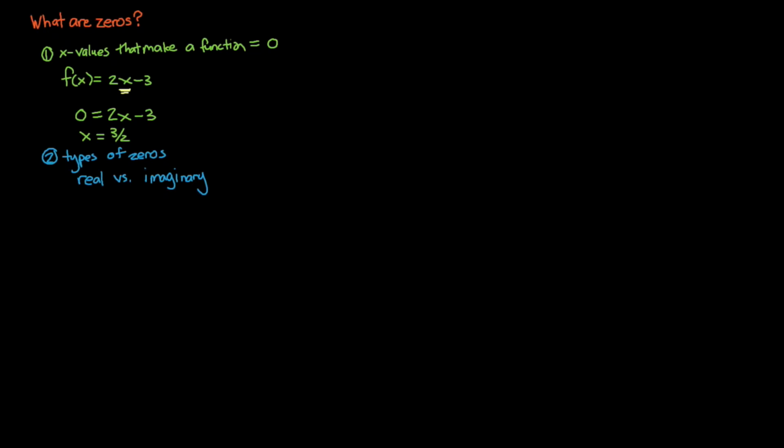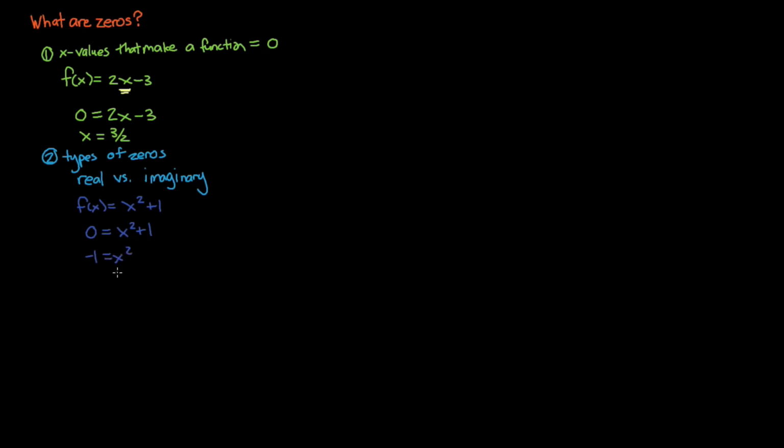A simple example of an equation that might give you imaginary zeros would be f of x equals x squared plus 1. So when you set that equal to 0, we get 0 equals x squared plus 1. Move the 1 over. We get negative 1 equals x squared, or x squared equals negative 1.